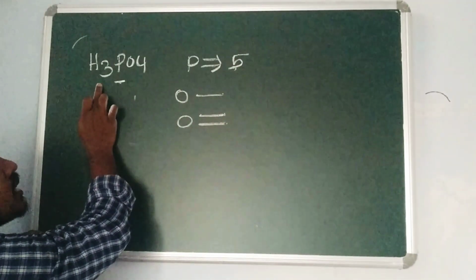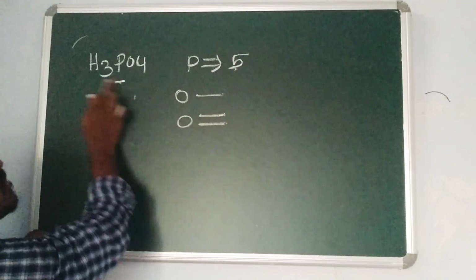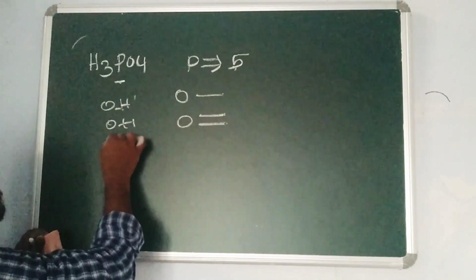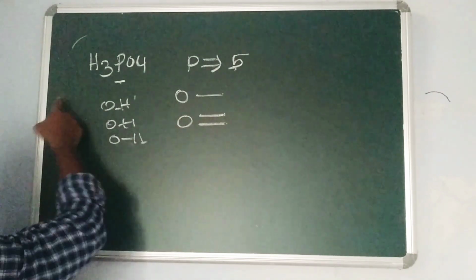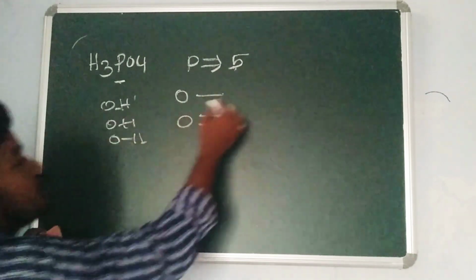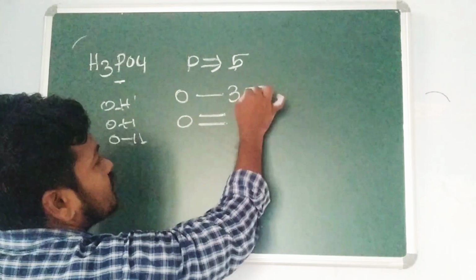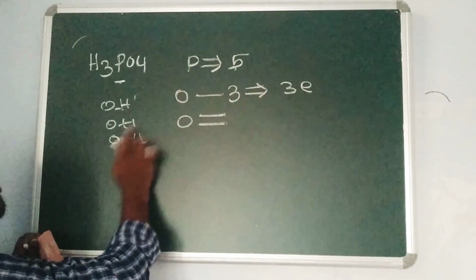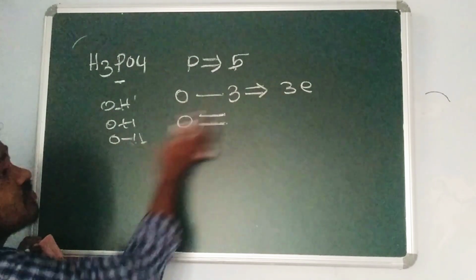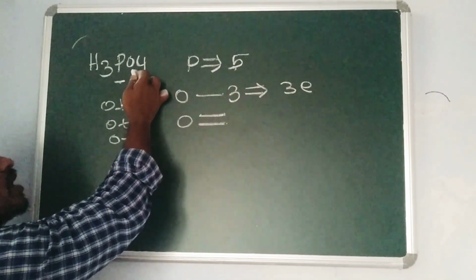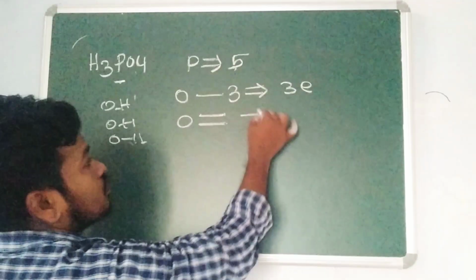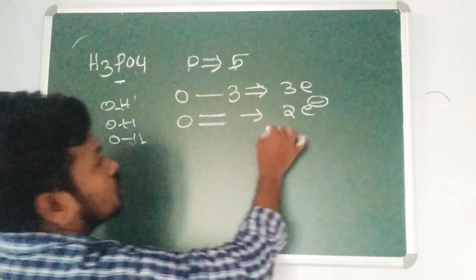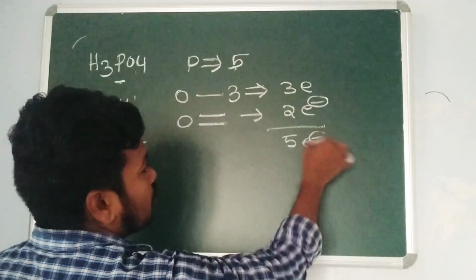There are 3 hydrogen atoms, so automatically oxygen will form 3 OH, and these 3 OH form the remaining bonds with the phosphorus, which is 3 single bonds. Out of 4 oxygens, 3 form single bonds, so only 1 oxygen is left, which forms the double bond. In total 5 electrons are forming bonds.